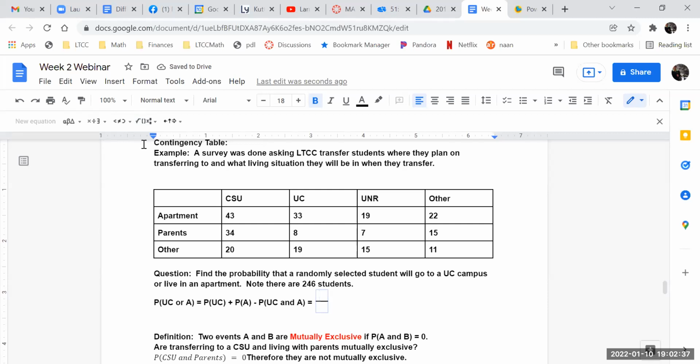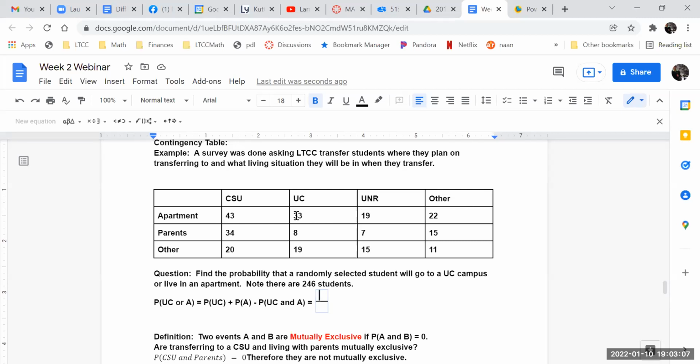I have a quick question. Sure. Is the probability of UC and apartment there because it's the opposite of UC or A? Like, it's sort of like because it's the and, it will cancel it out, or why do we have to do that part? All right, so here's why. If you add up all the UCs and you add up all the apartments, you've double counted this 33.